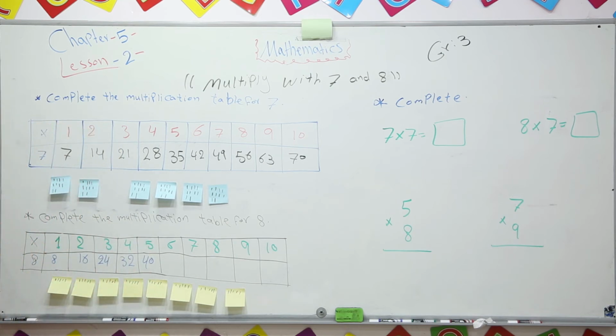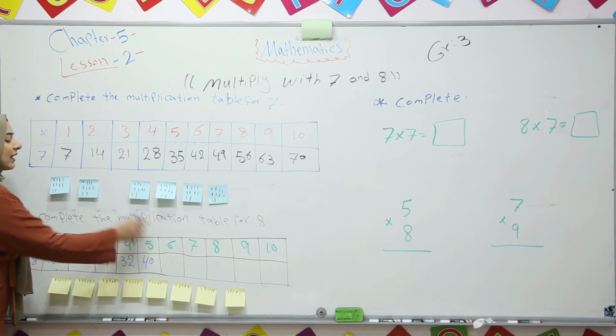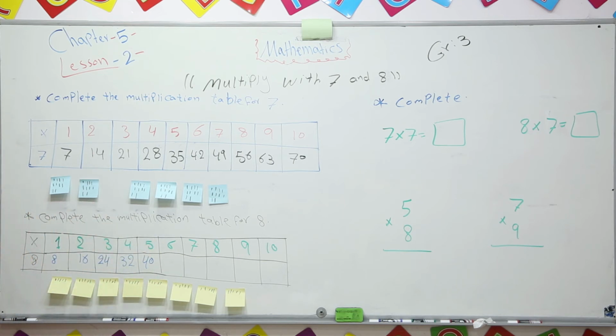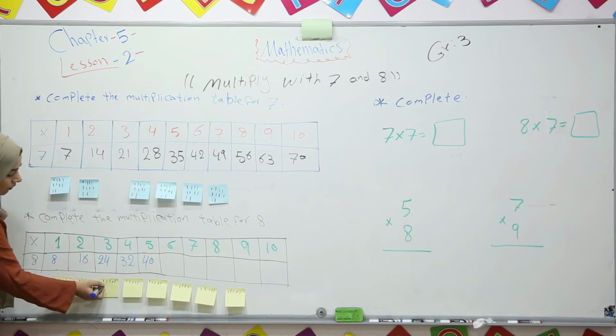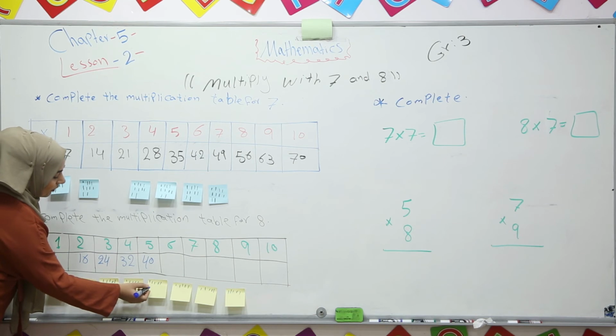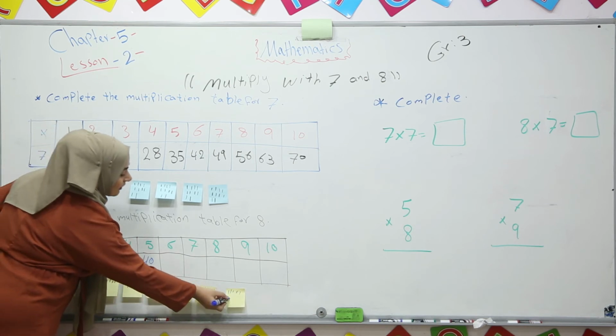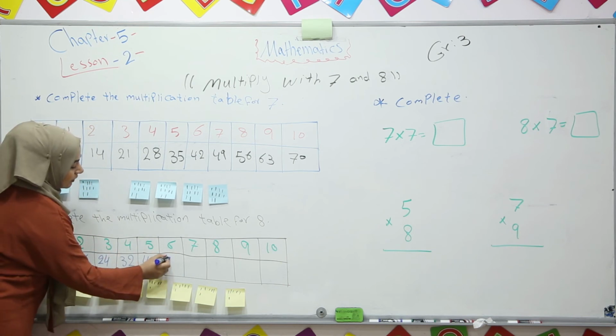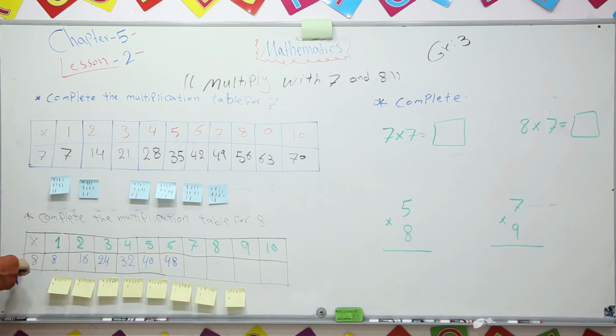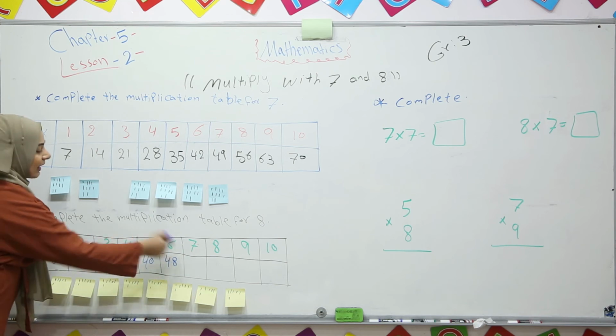8 times by 6. We have 8 groups. Each group contains 6 objects, okay? 41, 42, 43, 44, 45, 46, 47, 48. So it is 48. 8 times by 7.